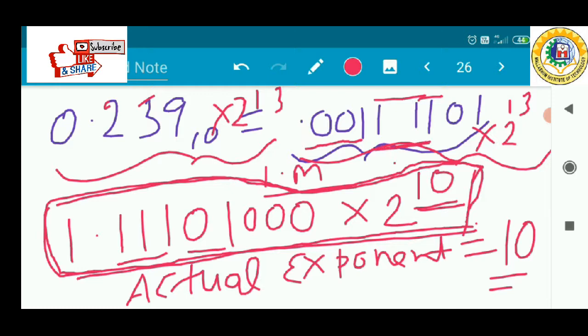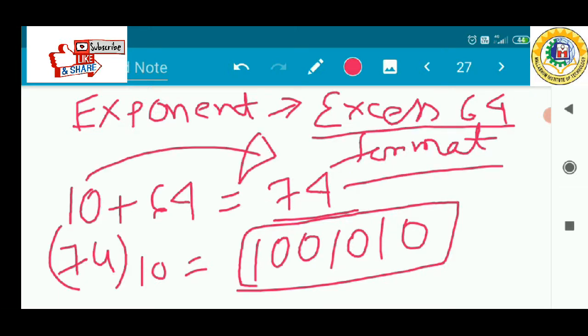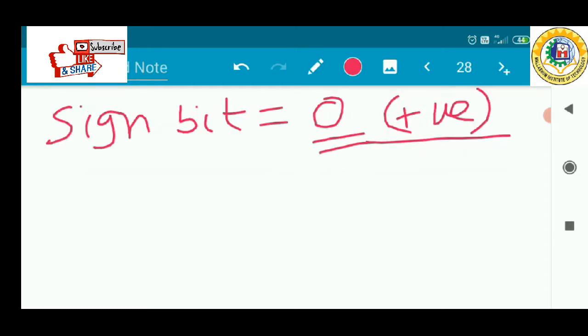The exponent will be 2 to the power 13, but the question asks to convert into 1.m representation, so it is 1 point something, and you add zeros while shifting, and the exponent becomes 10. Again, the exponent is in XS64 format, so we add 64, and it becomes 74. The binary equivalent of 74 is this. The sign bit is 0 as the number is positive.